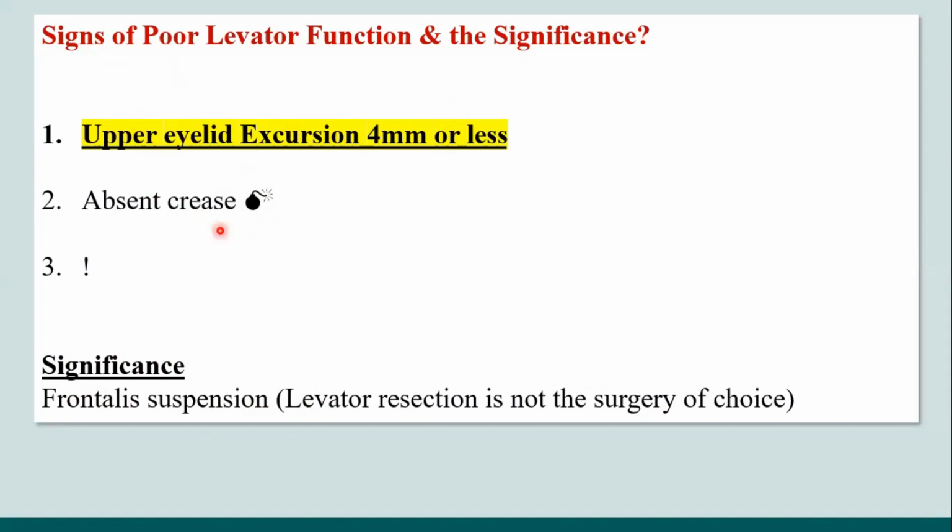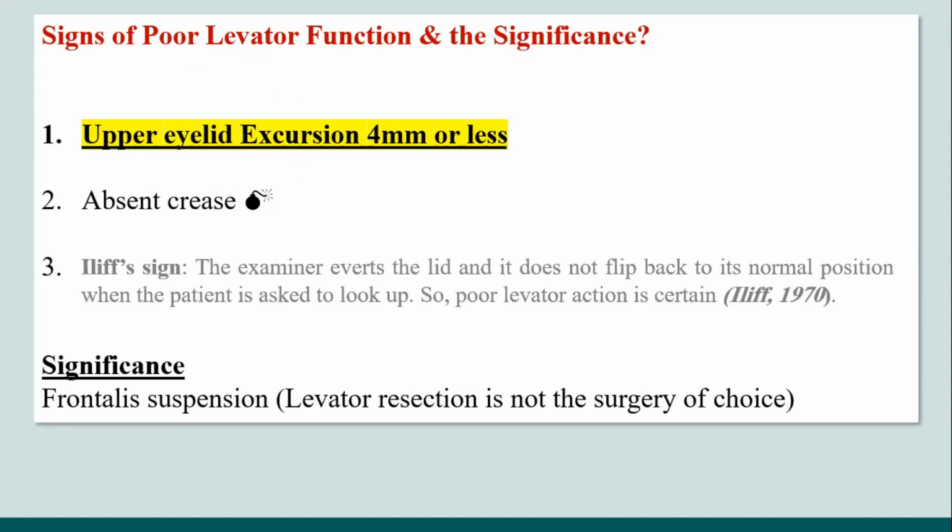Absent crease doesn't always mean poor levator function, for example in involutional ptosis. If you remember, in involutional ptosis we have good levator function, and sometimes we have absent crease. So absent crease is a sign of poor levator function, usually in congenital ptosis, but it could be absent crease in involutional ptosis with good levator function.